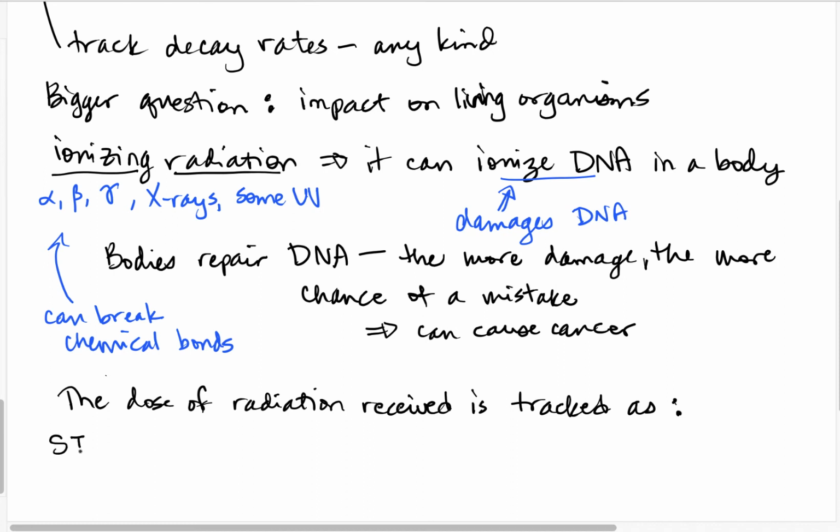In SI units, you have the gray. I've never actually seen this unit used. But 1 gray is equal to 1 joule of energy per kilogram of tissue.